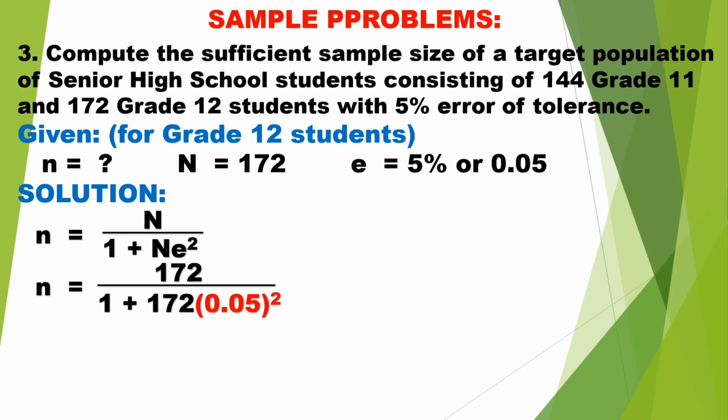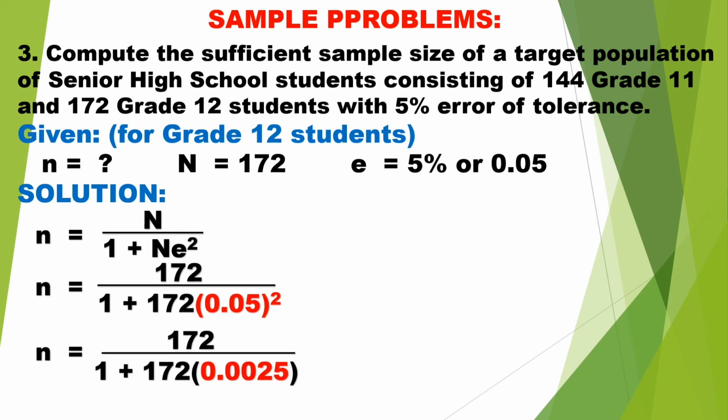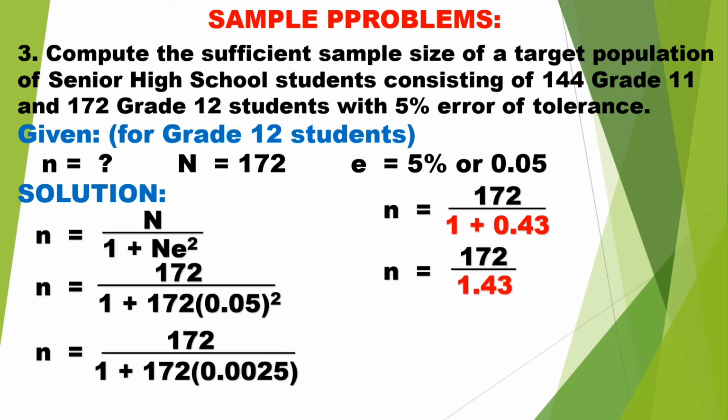Again, same as the past example, 0.05 squared equals 0.0025. 172 times 0.0025 equals 0.43. Then simplify the denominator. 1 plus 0.43 equals 1.43. Simplify further. Divide 172 by 1.43.